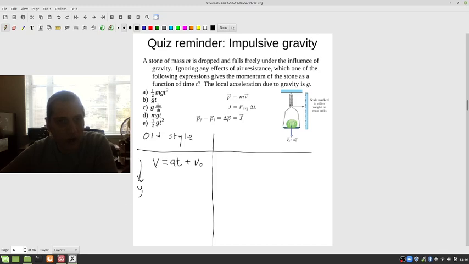My acceleration in this we're told is going to be g. So v equals g times t, and the initial speed is 0 because it says that it's dropped. It's falling from rest. So the v naught is 0. And so if you wanted to find what p is, p equals m times v, you could go ahead and say p equals mgt.